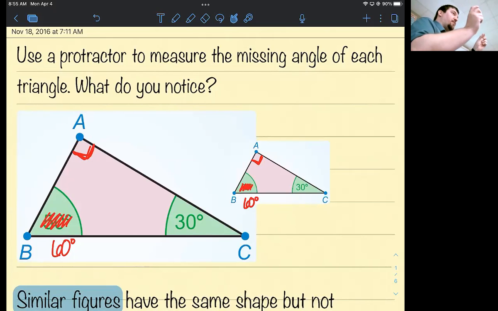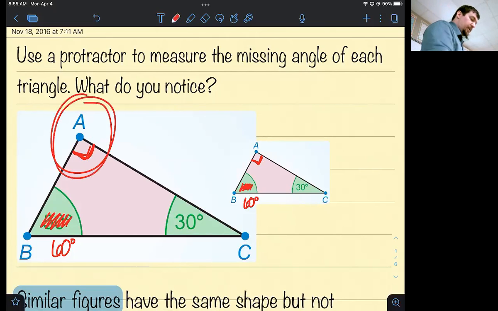So if we already know that two angles are the same, doesn't that last angle have to match up with the other one to make it all add up to 180 for both triangles? If this is 90 degrees, didn't it force this angle to also be 90 degrees? I mean, doesn't 30, 60 plus 90 equal 180? And again, 30, 60 plus 90 equal 180.